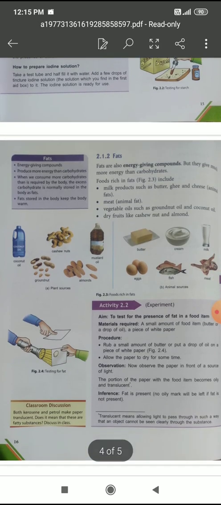Here also one experiment is given, activity 2.2 you can see. Aim is to test for the presence of fat in a food item. Here materials required: a small amount of food item, butter or a drop of oil, a piece of white paper.